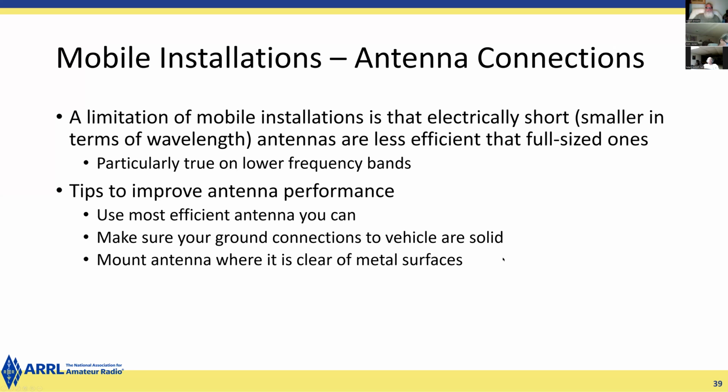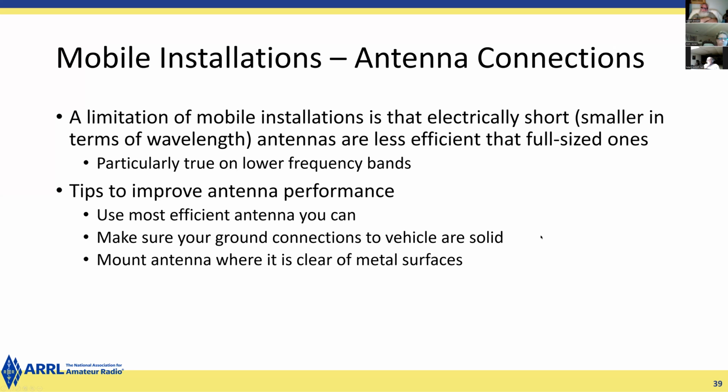You can make sure that the ground connections to your vehicle are solid everywhere that you can connect to ground. And the grounding between different parts of a car, particularly unibody construction, may not be all that good these days, which is another thing.